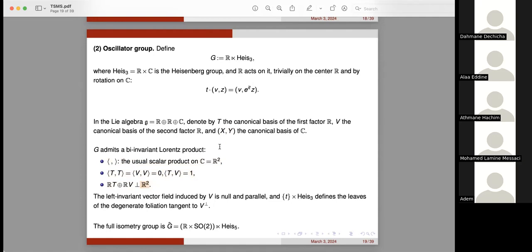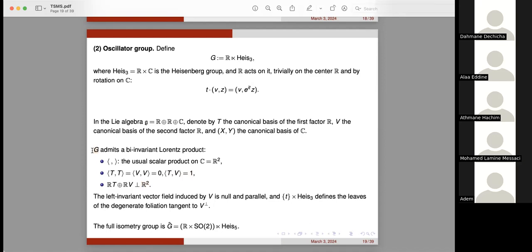This is a Lorentzian scalar product on the Lie algebra. I can define it everywhere by translating by J. And in fact, this will define a Lorentzian metric on J, which is bi-invariant.